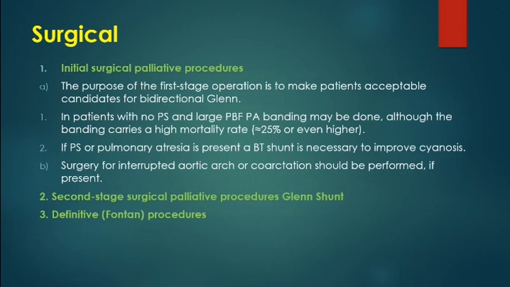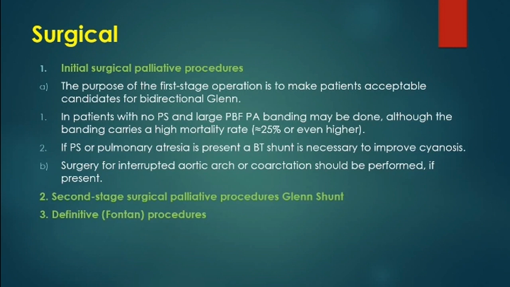Clearly, this patient is called single ventricle, so it's going into a single ventricular repair pathway. First of all, we should do initial palliative measures to make sure that the patient is ready for the first surgery, which is Glenn.